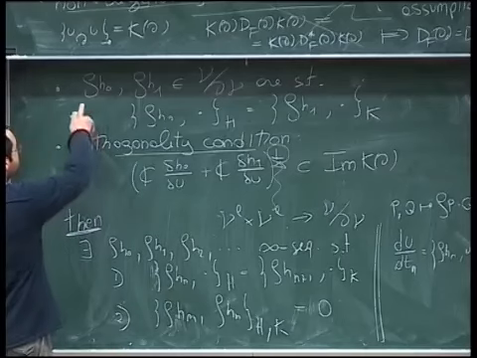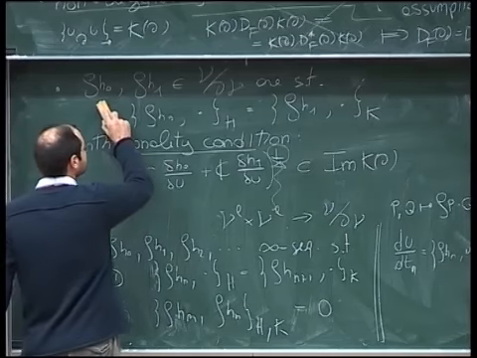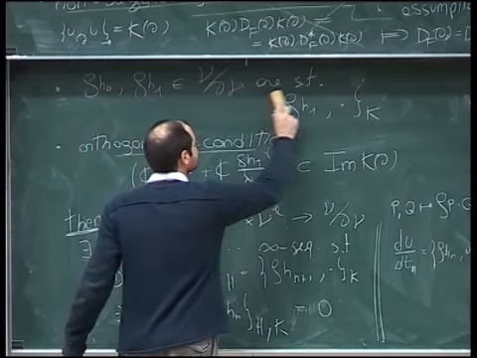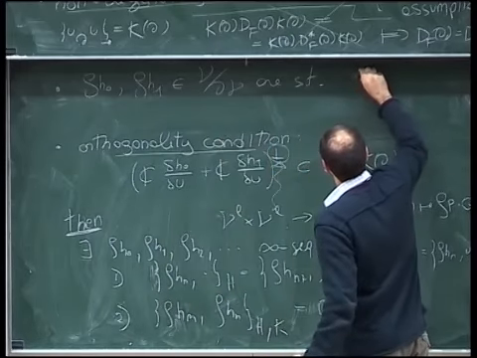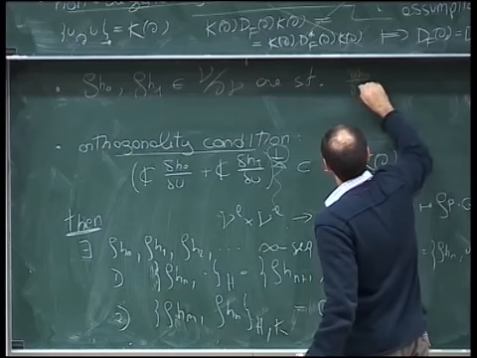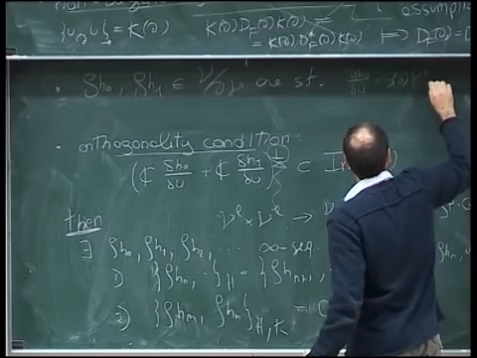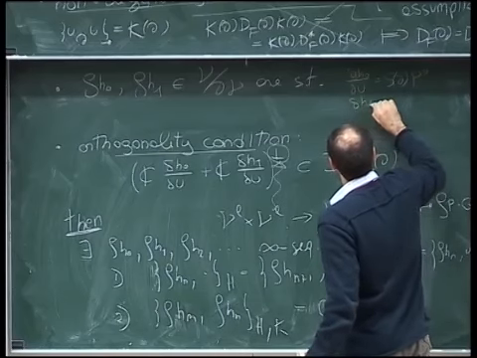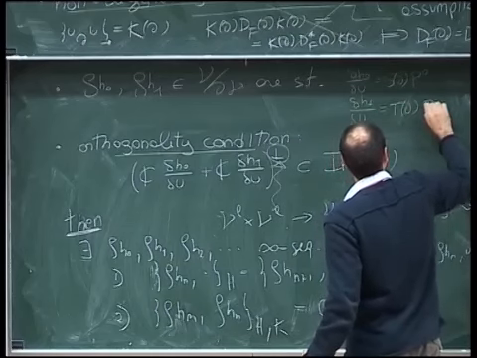And suppose you have two Hamiltonian functionals such that dh0/du is S of dp0, and dh1/du is T of the same p0.